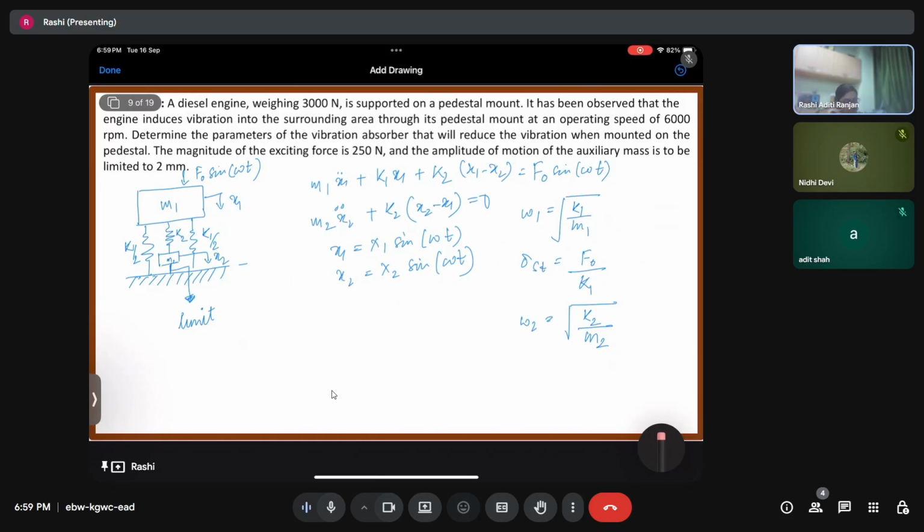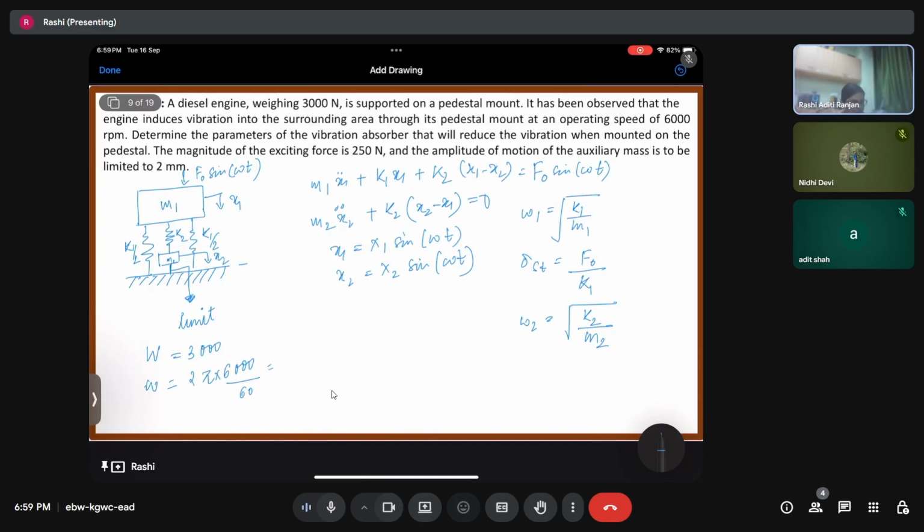So we have weight W as 3000, omega as 2 pi into 6000 divided by 60. 6000 divided by 60 is the frequency, and frequency times 2 pi is going to give us omega.